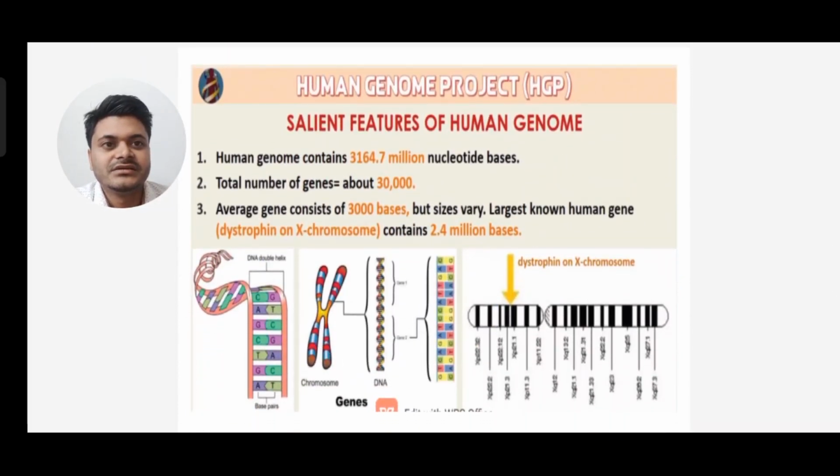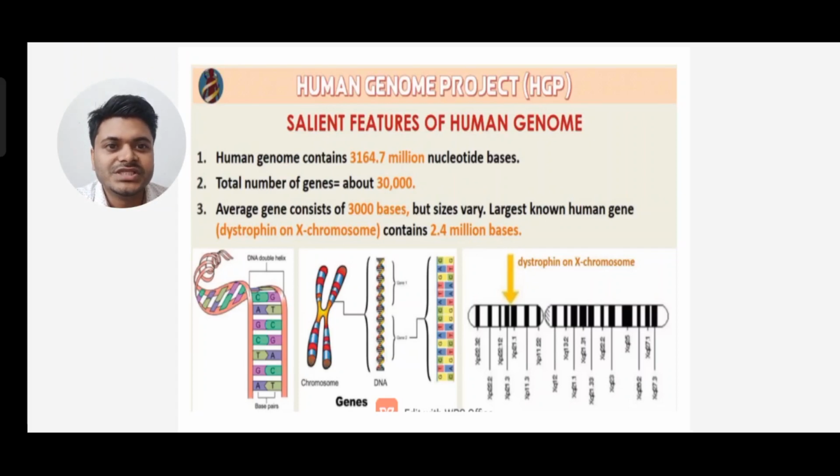Now let's see the salient features of the Human Genome Project. The first is that the human genome contains 3164.7 million nucleotide base pairs, and the total number of genes is about 30,000. An average gene consists of 3000 bases, but sizes vary.